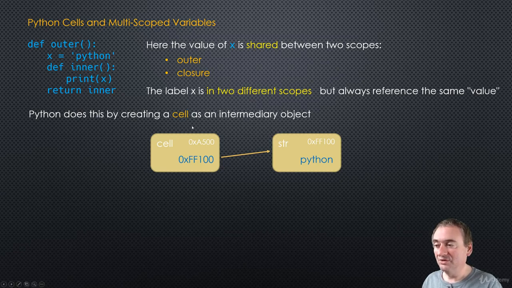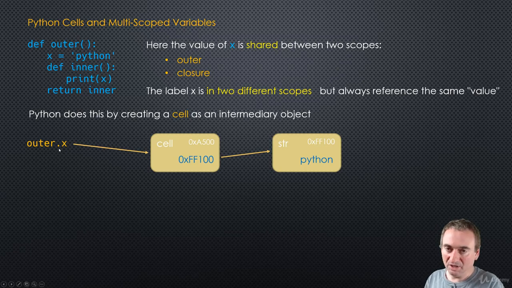And it creates this cell. And now what happens is that the x in the outer scope, right? So I'm writing it as outer.x. Don't think of this as object notation. It's not. I'm just saying this is the x in the outer scope. Points to this cell. And the cell, in turn, points to the string Python.